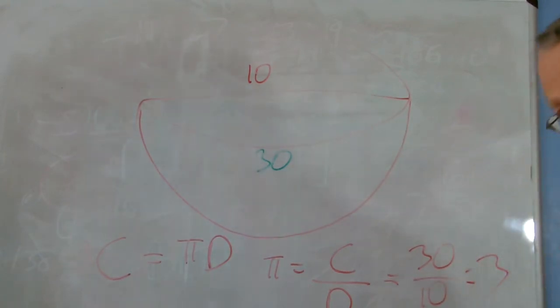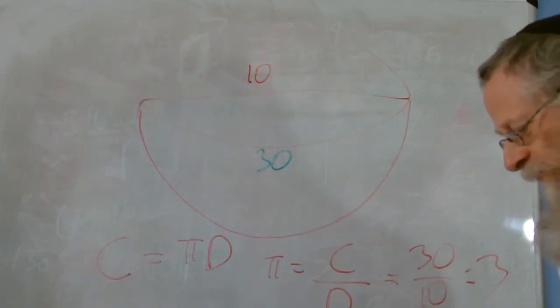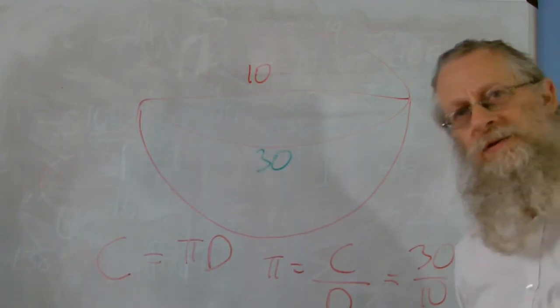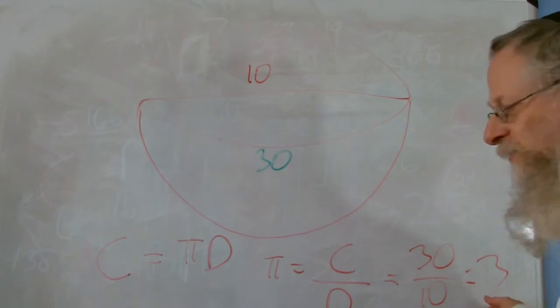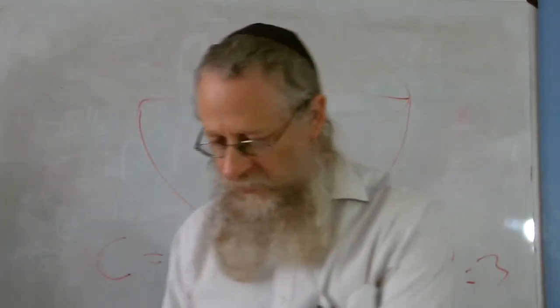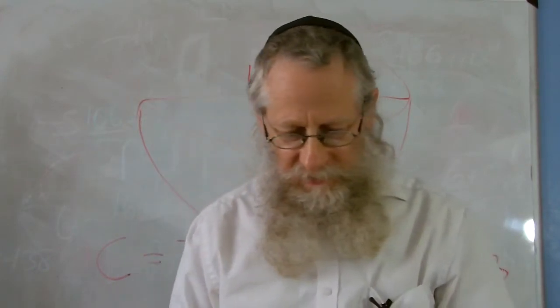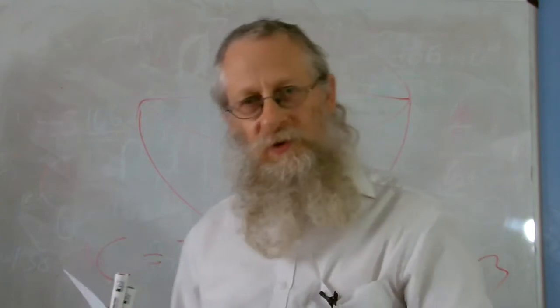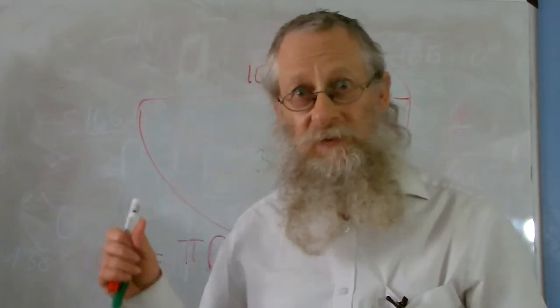And that's pretty crude, and historians look at that and say, well, King Solomon, the wisest of men, didn't seem to have a very good number for pi. So let me just read you what I've got from Wikipedia. It's called the Approximation of Pi. This is in an article about the Sea of King Solomon.